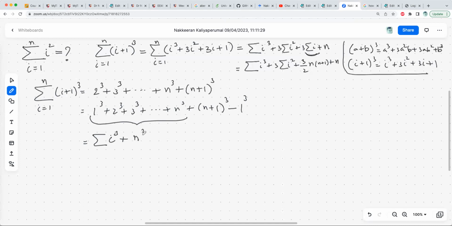That can be n cubed plus 3n squared plus 3n plus 1, minus 1. So these two will get cancelled. Now we can equate this with the other side, so that will become the summation.